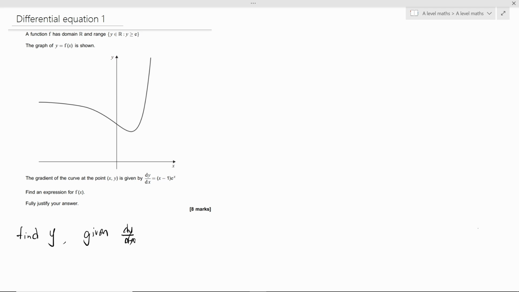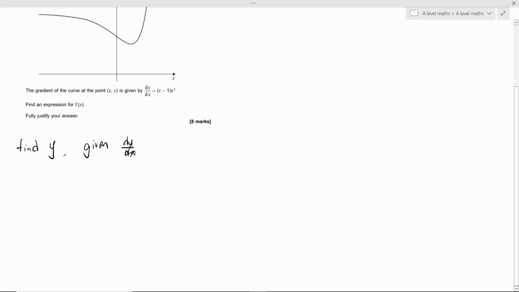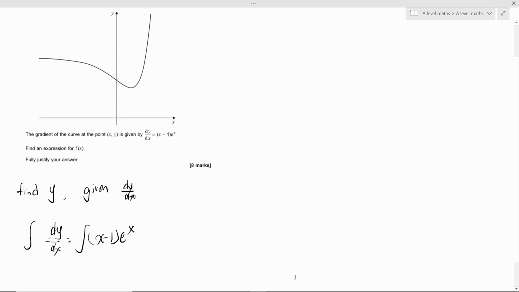Initially, the first thing we're going to do is use an idea from differential equations: integrating dy/dx and integrating (x minus 1) e to the x. Obviously that doesn't make sense as it stands, because we should have some differential operator here. The common trick is to take this dx over to the other side.